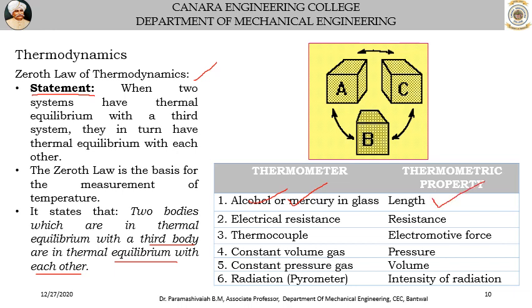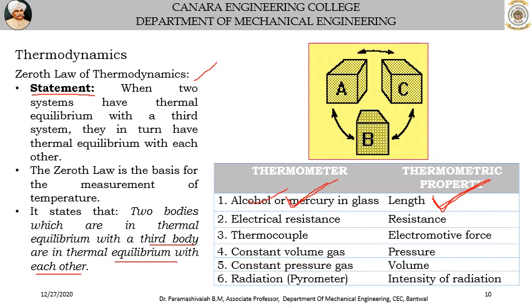Whenever it is subjected to change in temperature, there will be change in the length of the tube in which the liquid is contained. That is the property adopted. Basically, it is change in volume actually. So whenever the thermometer is exposed to higher temperature, then the liquid in that, maybe mercury or alcohol, undergoes expansion.